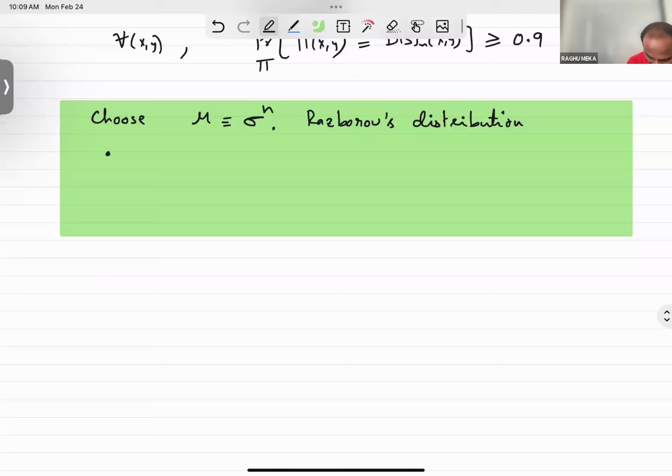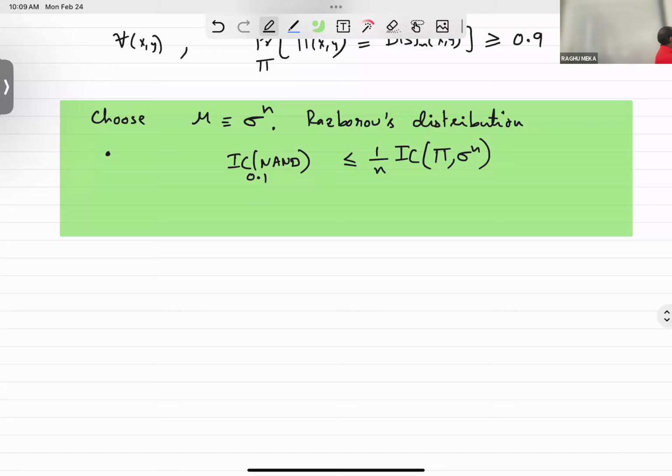Now what we're going to show, and this is where information complexity really shines, is that for all protocols pi, we must have the following.